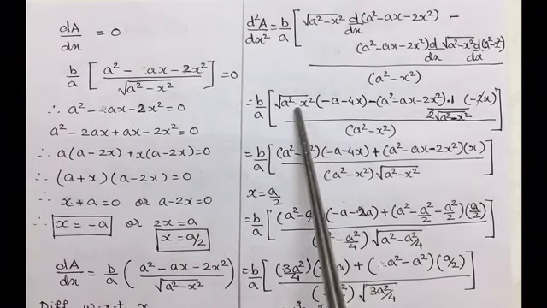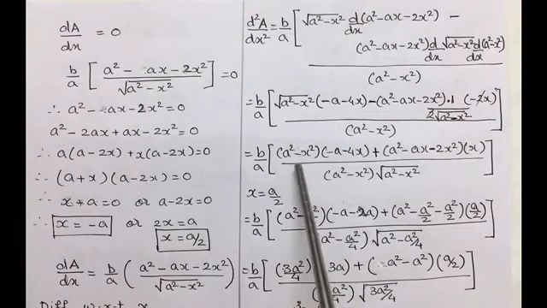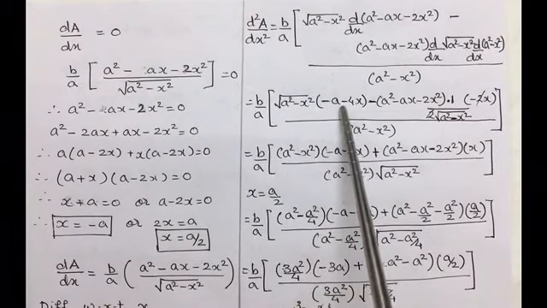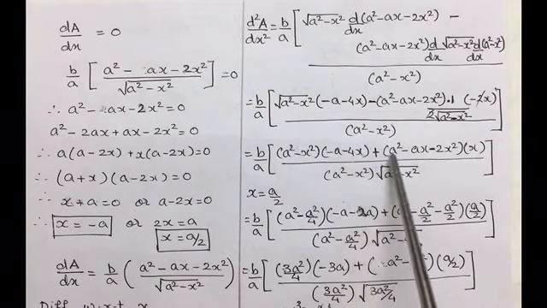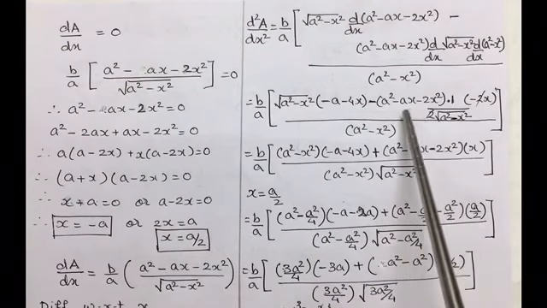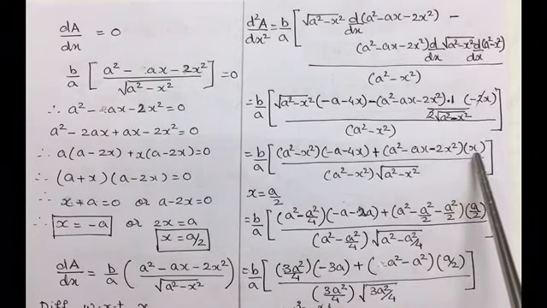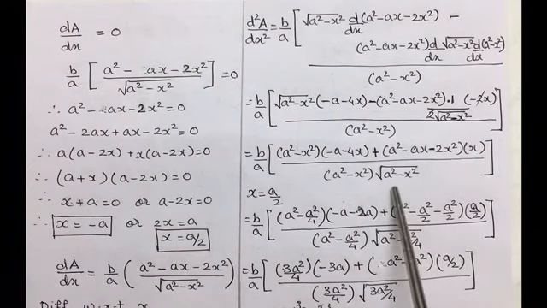Taking the LCM, multiplying with root of a square minus x square, we get a square minus x square. The derivative part comes out to be minus a minus 4x plus a square minus ax minus 2x square and x, whole divided by the LCM, root goes down.